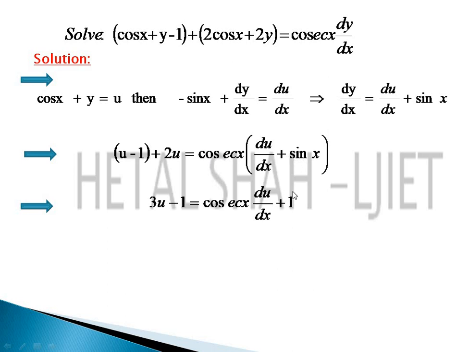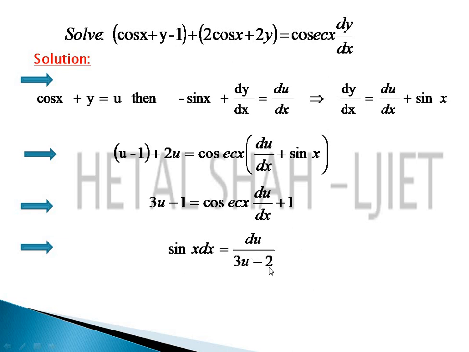Cosec x into sin x is 1. After simplifying, we get sin x dx is equal to du upon 3u minus 2, because if we keep this plus 1 on the left hand side, that is 3u minus 2, we have du upon 3u minus 2 and dx, and if we keep this cosec x on the left hand side, that is sin x.